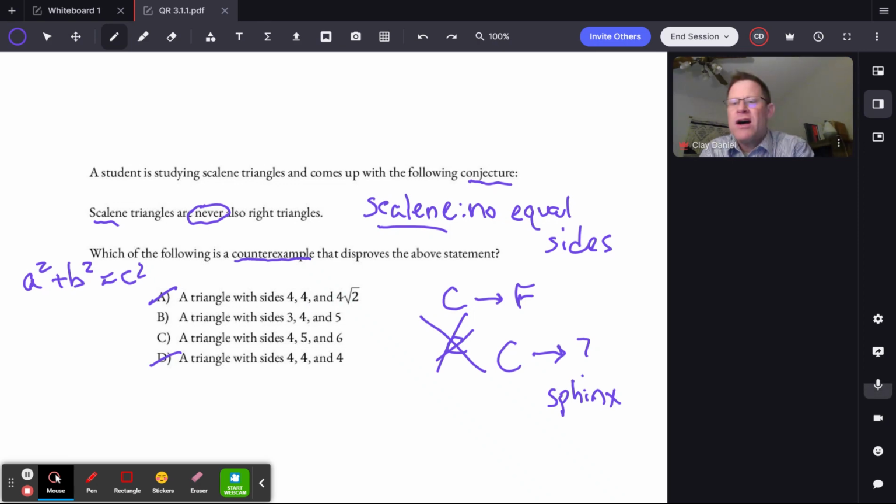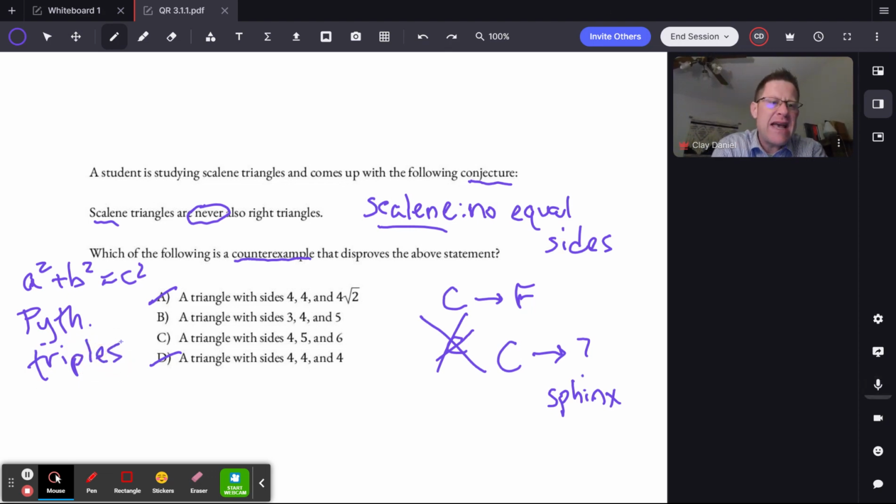If you've been well taught in geometry, you may recall there's something called Pythagorean triples. I won't even try to spell the word Pythagorean there. Let's just abbreviate it. Pythagorean triples are whole number sets that are solutions to the Pythagorean theorem. One example would be 5, 12, 13, because 5 squared plus 12 squared equals 13 squared.